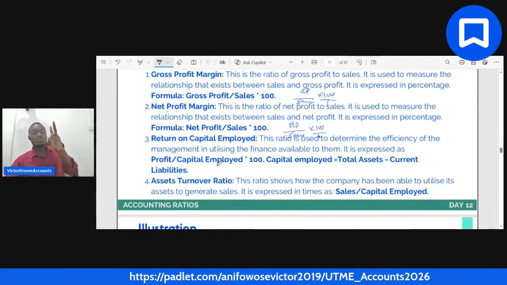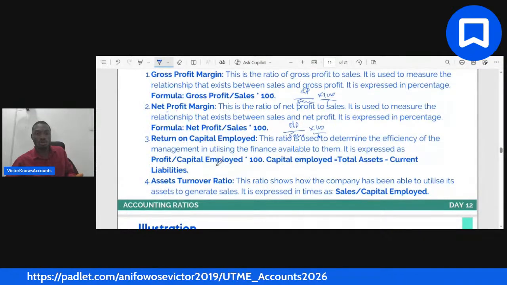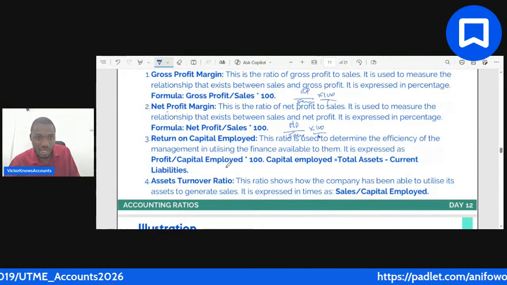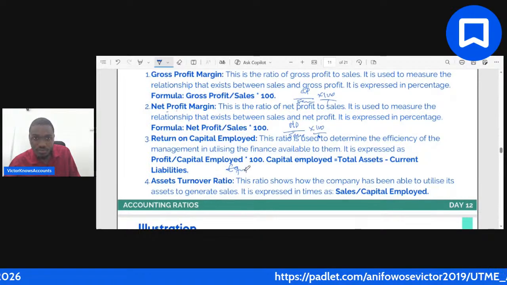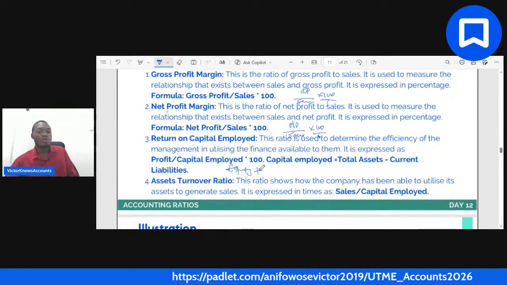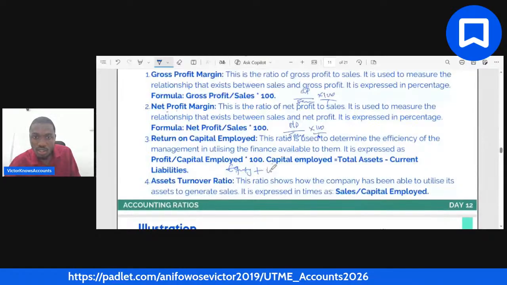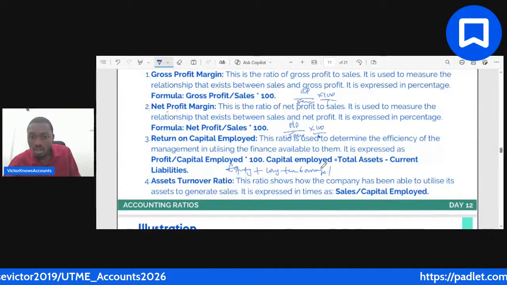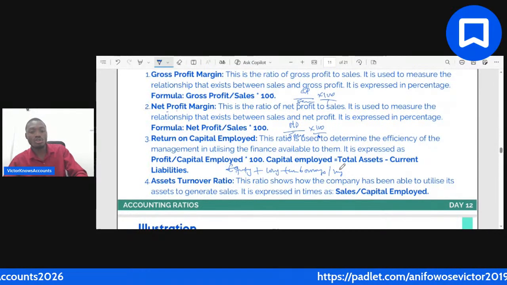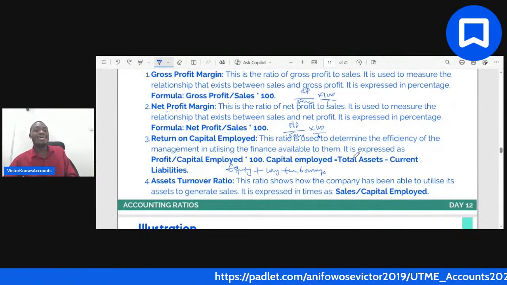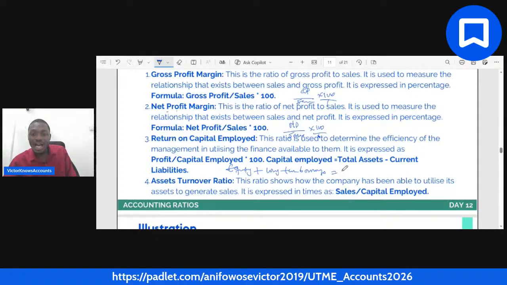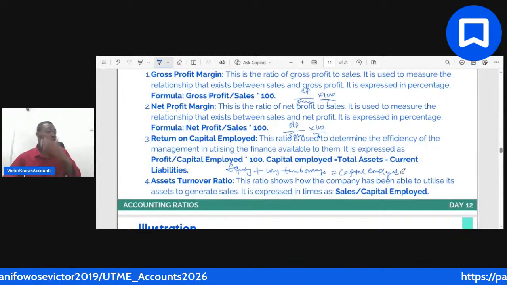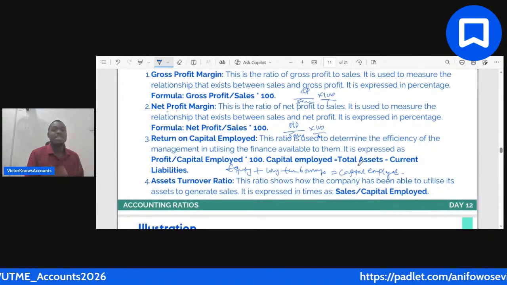There are two major ways you get money to run your business: either you put in money as the owner, that's equity, or you borrow money, that's long-term borrowings or long-term liability. So the addition of these two is your capital employed. That's the amount of money that you have in the business that you are using to run your business.